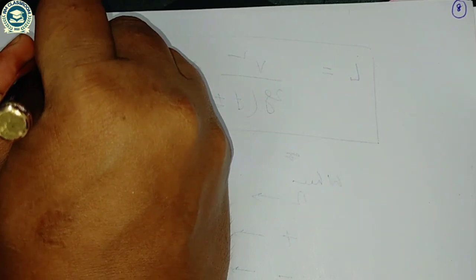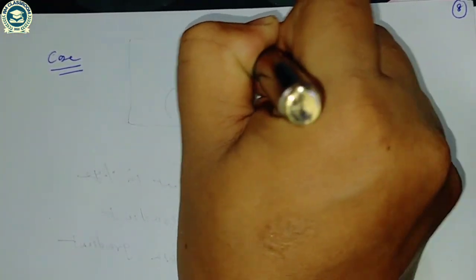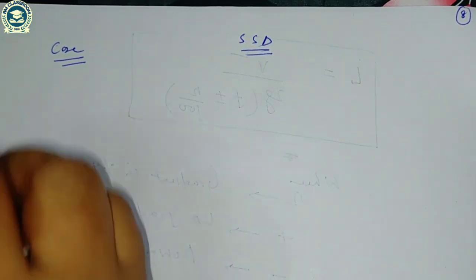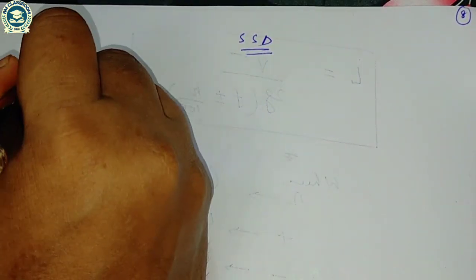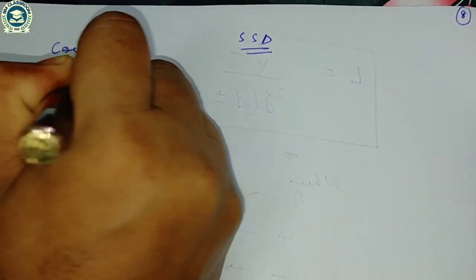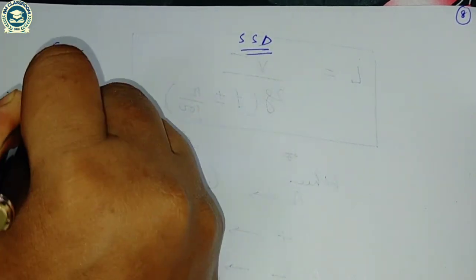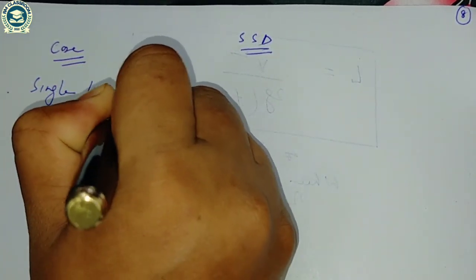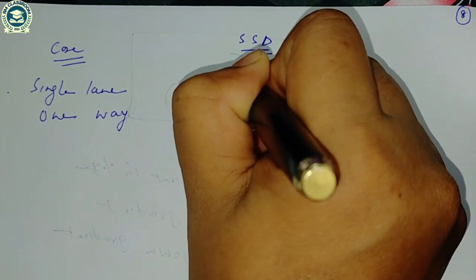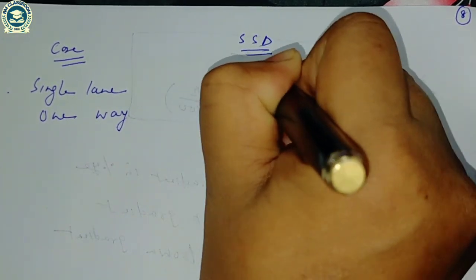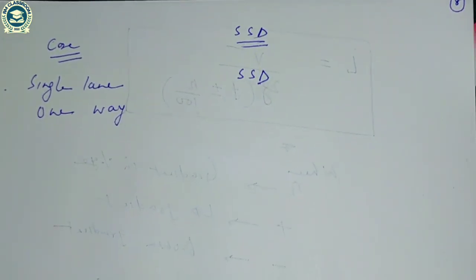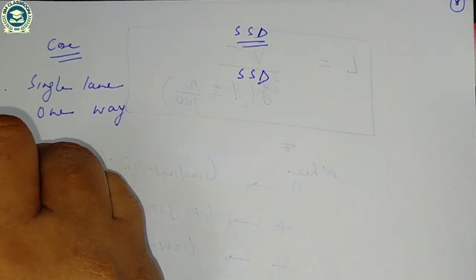So three cases are there. For the first case, single lane one way, it will be the same as the stopping sight distance calculated.